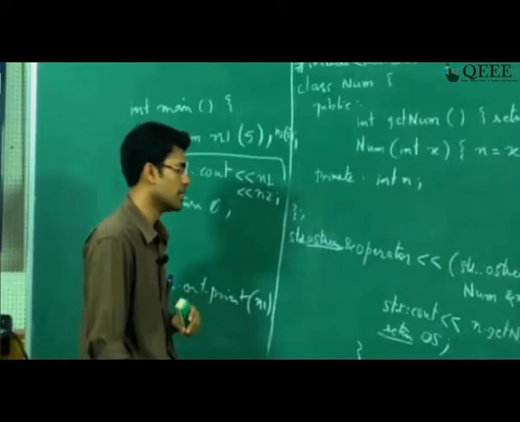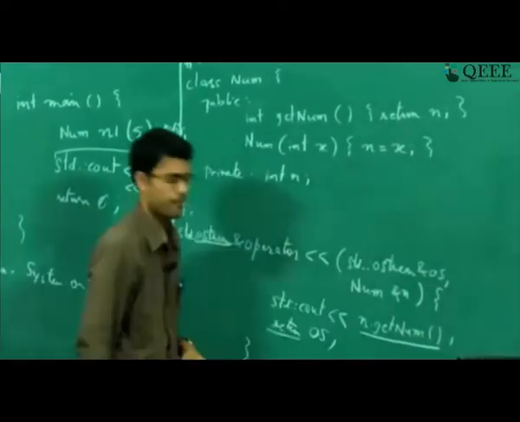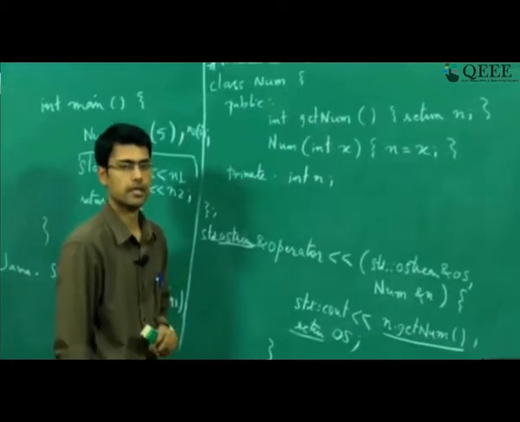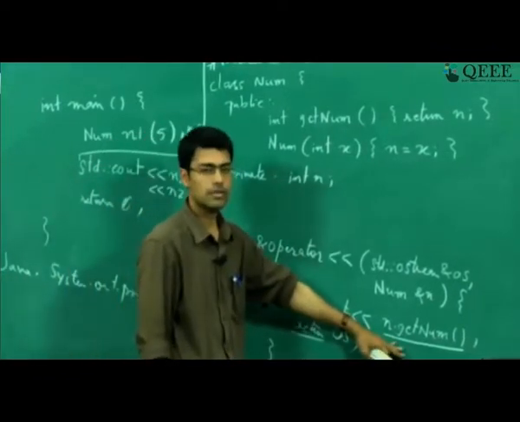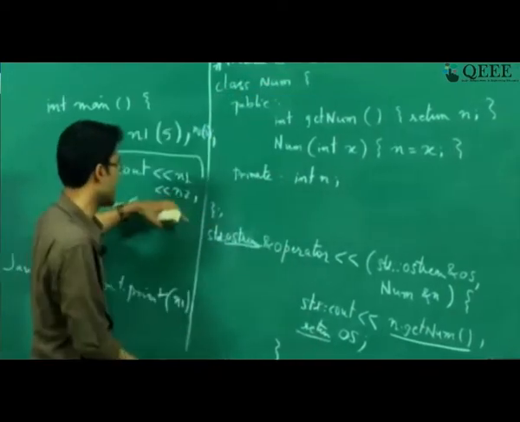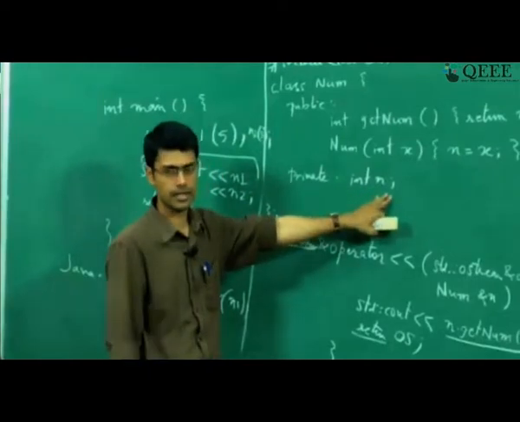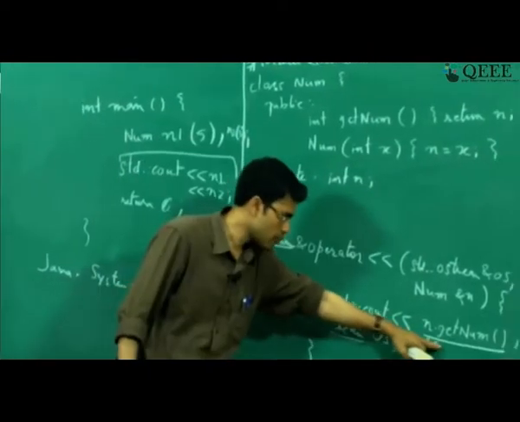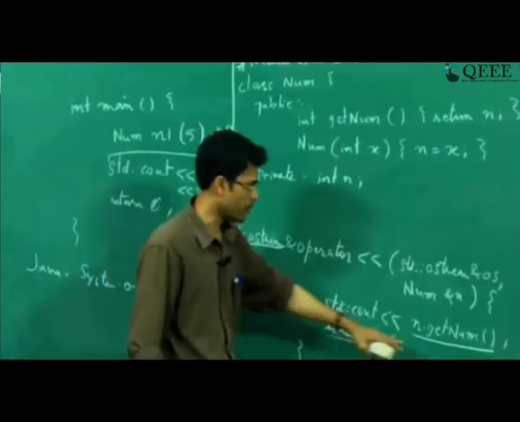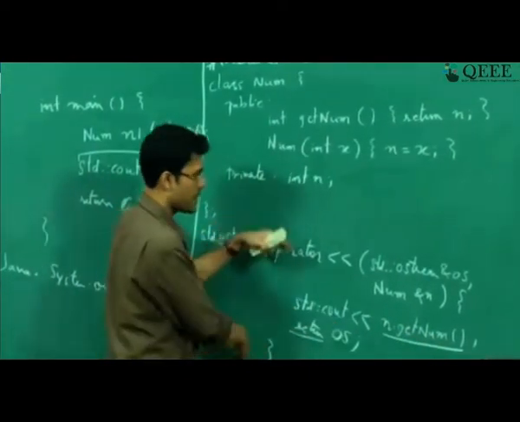And that was that we used n.getNum in our example. What does this give you? That gives you some information about this class. Whenever you want to print n1, essentially you want to print the number that is stored inside. So this number I could get by applying the method getNum.